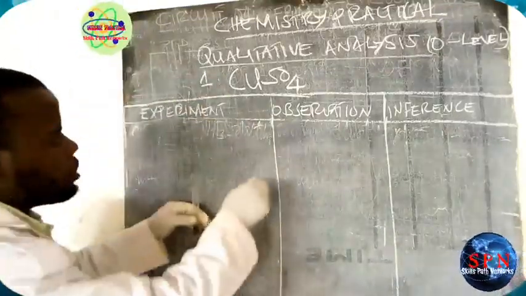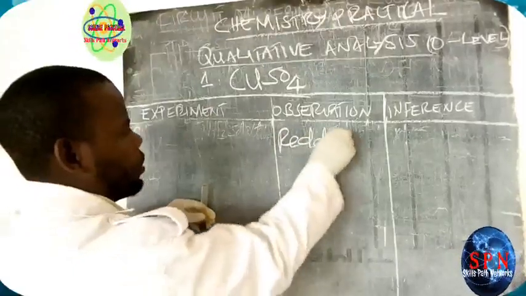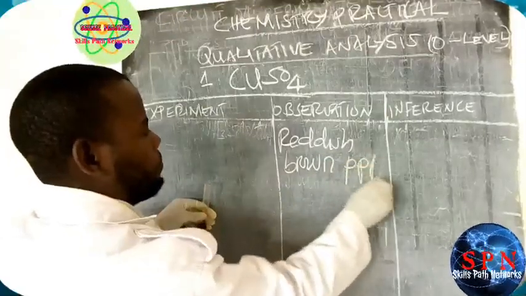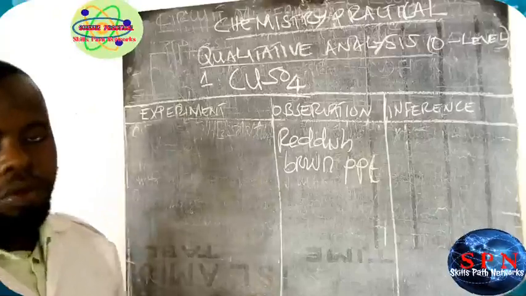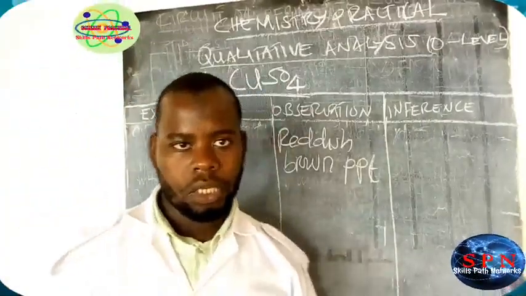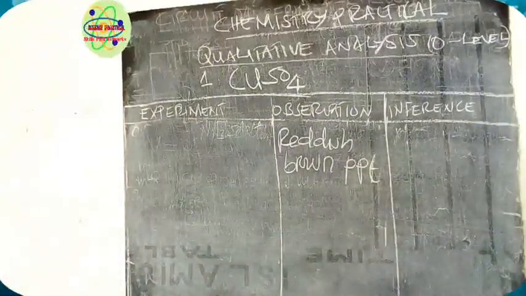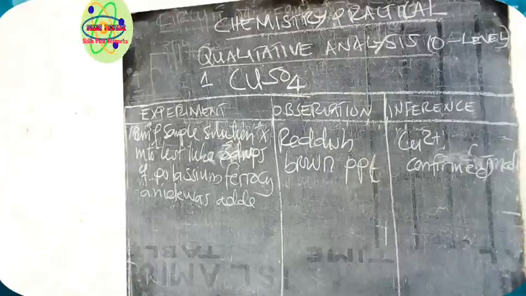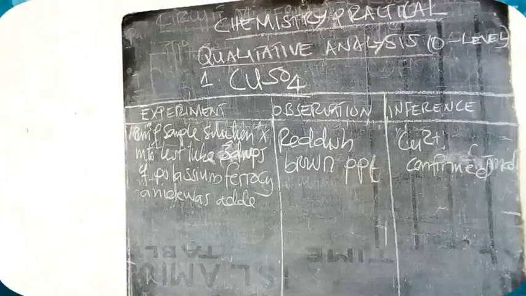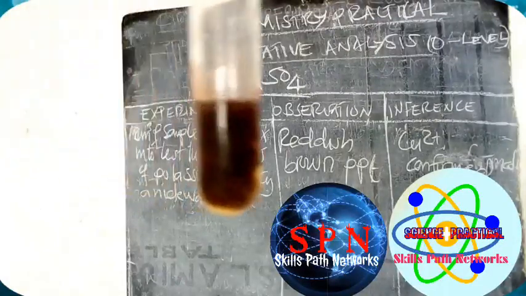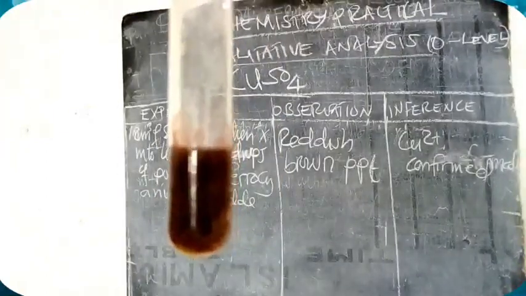You are supposed to write the whole word, precipitate. So for the presence of copper 2, by using potassium ferrocyanide or potassium hexacyanoferrate(II), you are supposed to observe a reddish brown PPT or precipitate. The inference is copper 2 confirmed.